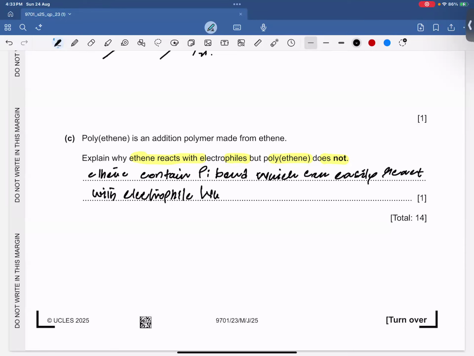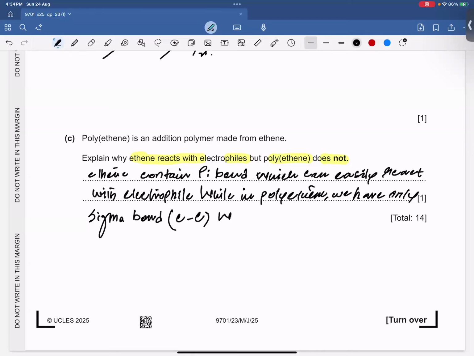While in polyethene, we have only sigma bonds, because the carbon-carbon bond is a single bond. So we have only sigma bonds between carbon atoms, which cannot react with electrophiles.